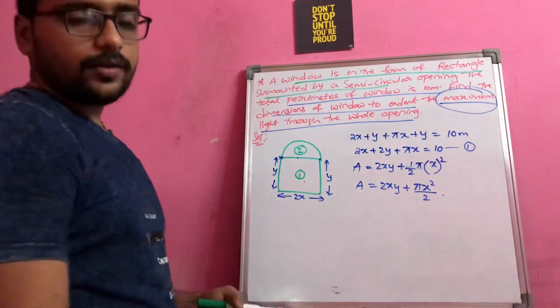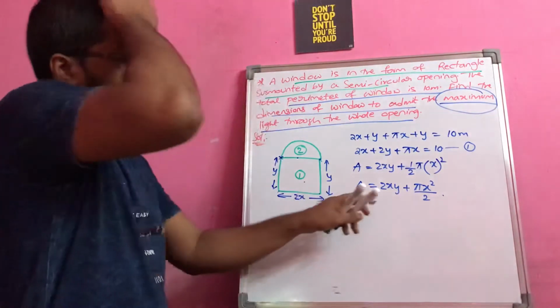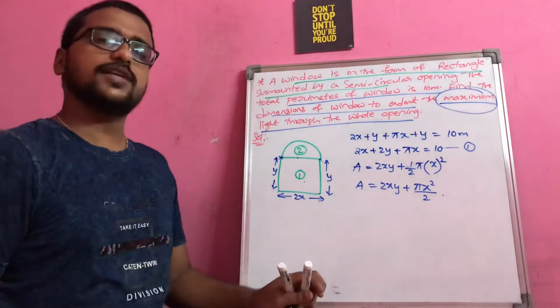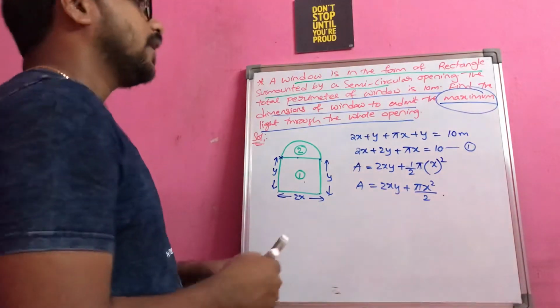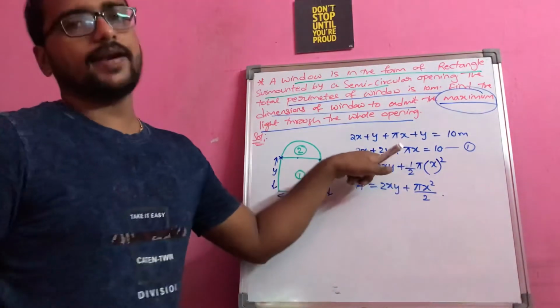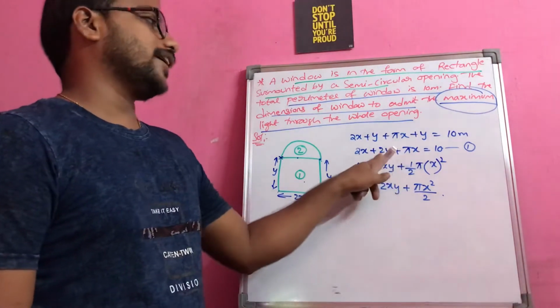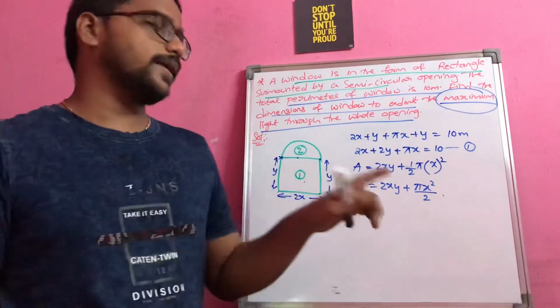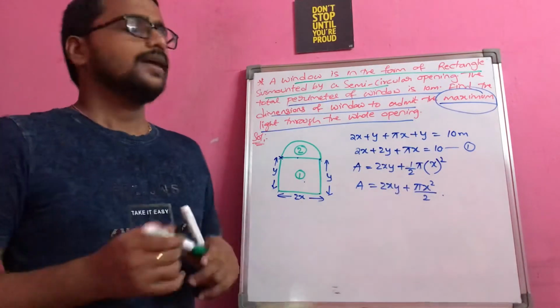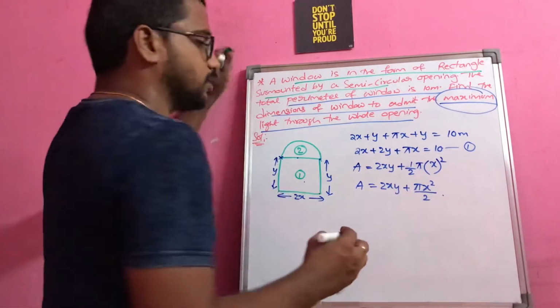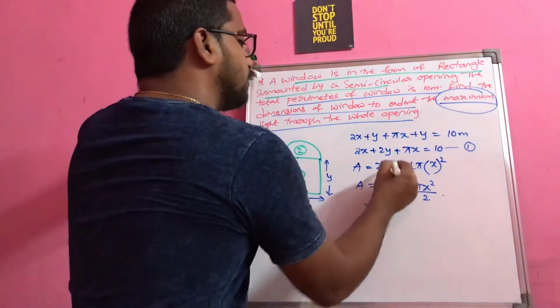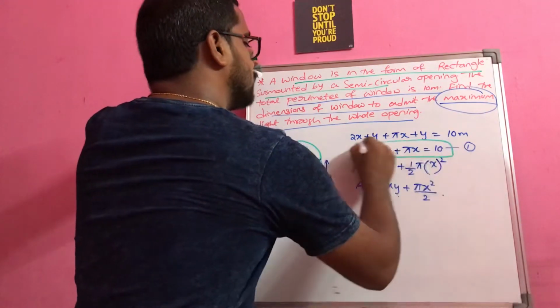Now here, according to our conditions, we have 2 variables, and we have to reduce it into a single variable. Now from this I would like to find out the value of y, because if I want to find the value of x, I have to substitute at two places, x and even x square. So I will prefer only one substitution. So I will find the value of y from this.